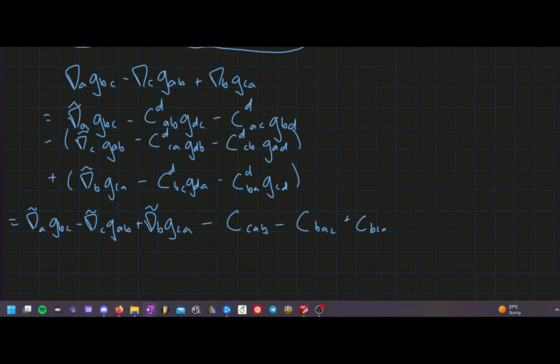All I'm doing here is rewriting them having let the metric act on the indices to lower them. Then we have another minus minus, so this is a plus. We get C_{acb} minus C_{abc} minus C_{cba}.